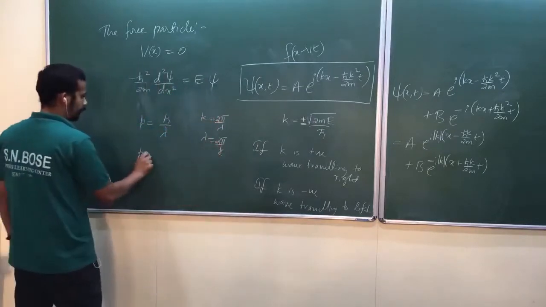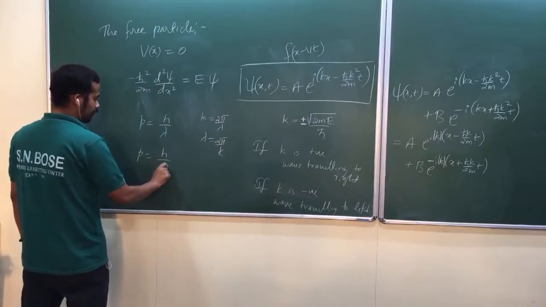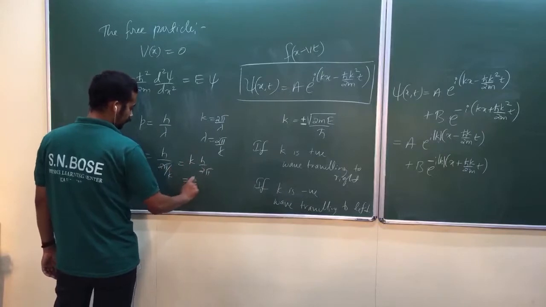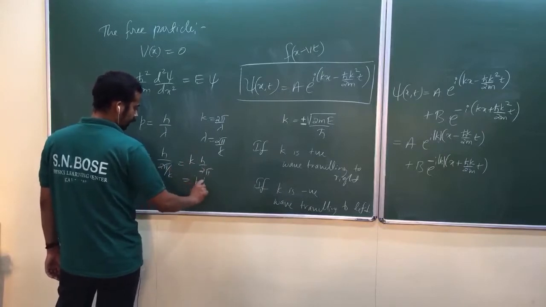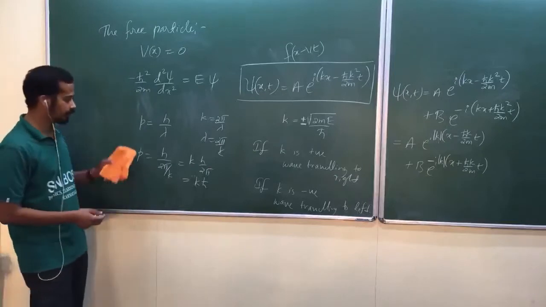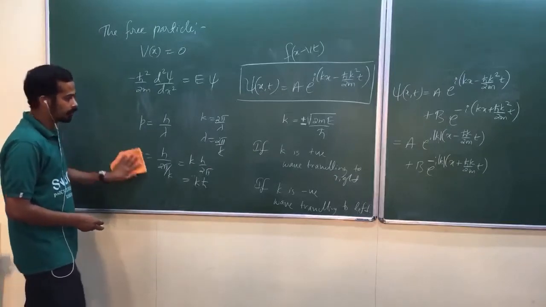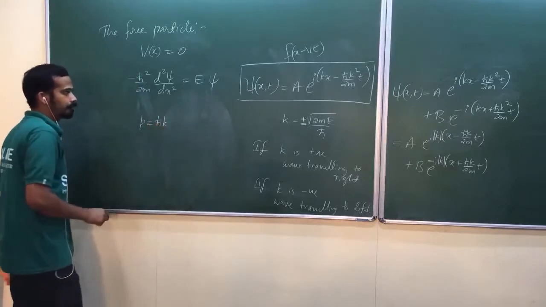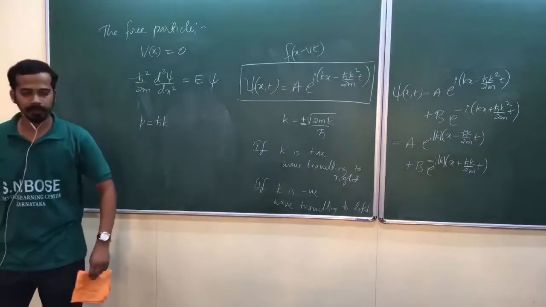Am I right? p is equal to h by 2 pi by k, k into h by 2 pi, k into h bar. Am I right? Again, our de Broglie formula says, can I write directly, p is equal to h bar into k.